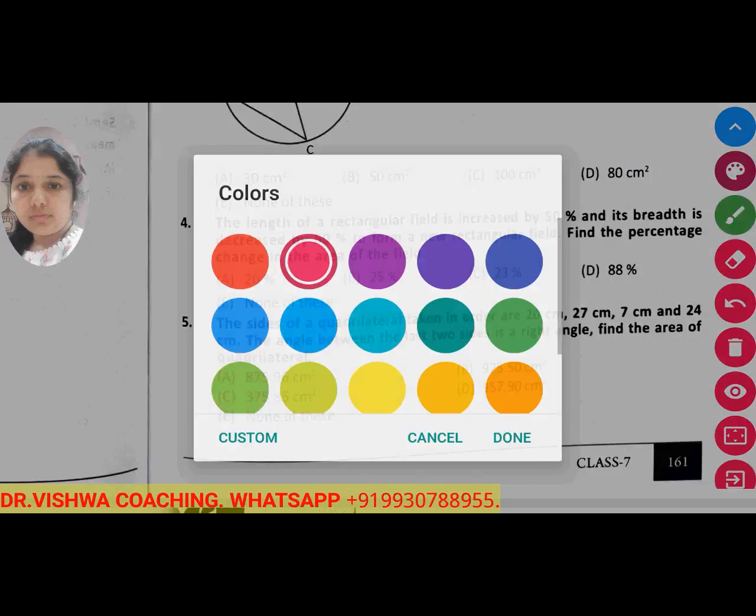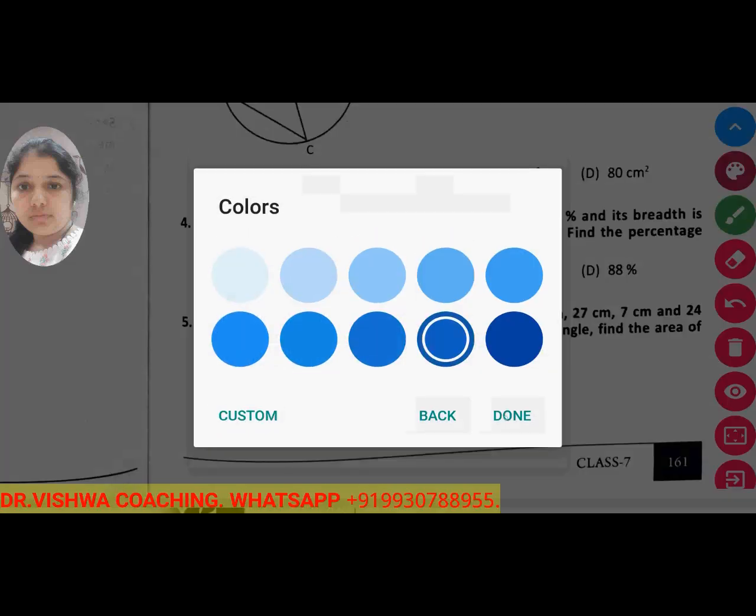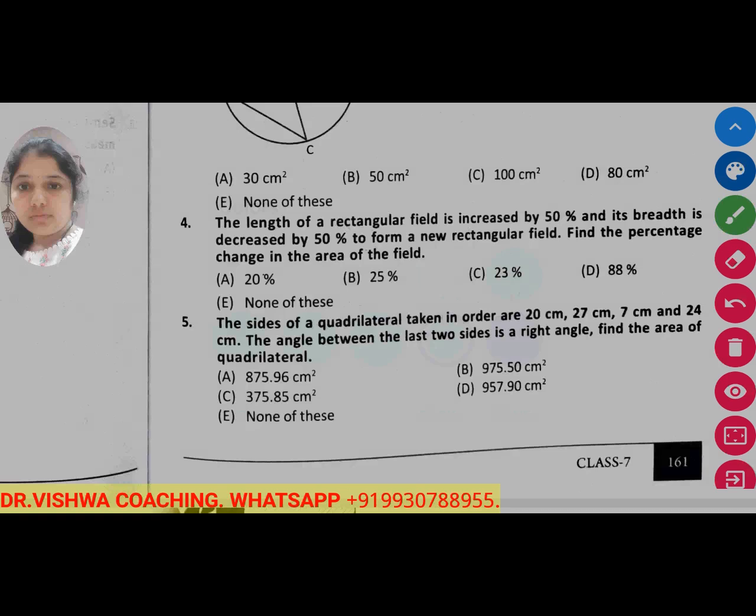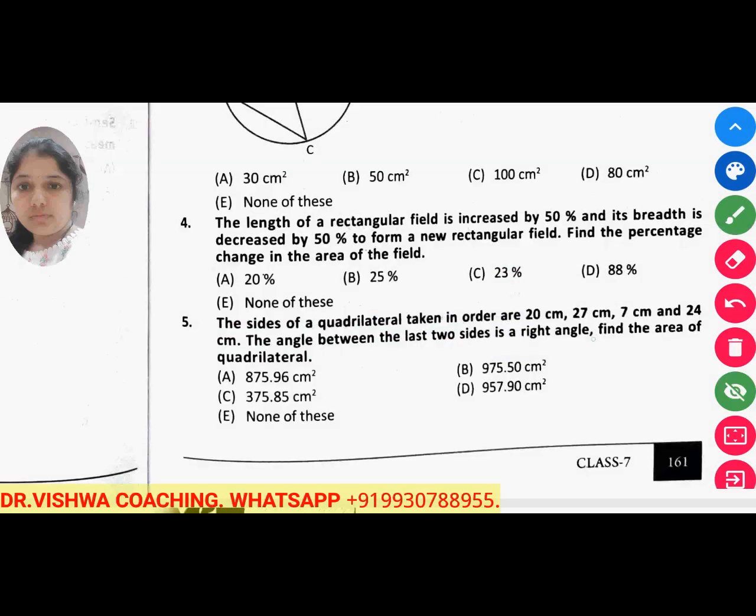Now the next question. The sides of the quadrilateral taken in order are 20 centimeter, 27 centimeter, 7 centimeter and 24 centimeter. The angle between the last two sides, means 7 and 24, is a right angle. So find the area of the quadrilateral.